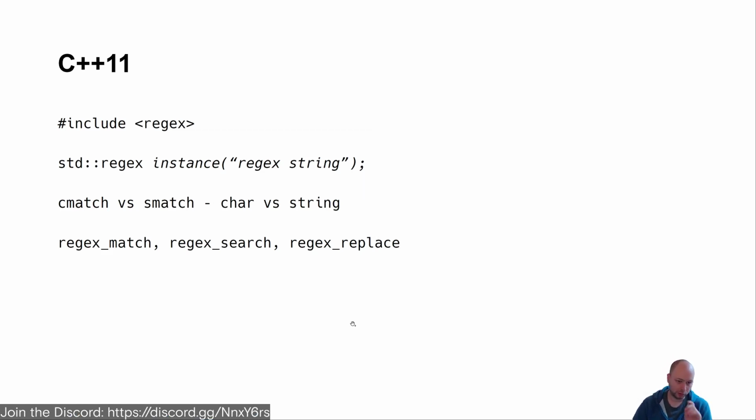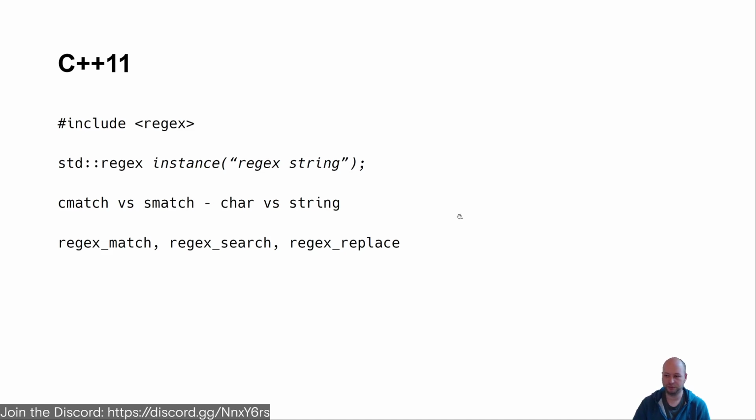So, cool. In this case, we have cmatch versus smatch. That's going to be the difference between a character-based string like a char array or C string, and std::string. And we have regex match, search, and replace. Replace can be really powerful if you're trying to replace a particular pattern in a string to prep it for some other process.